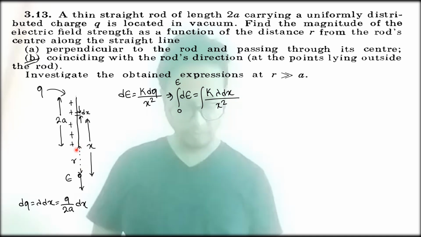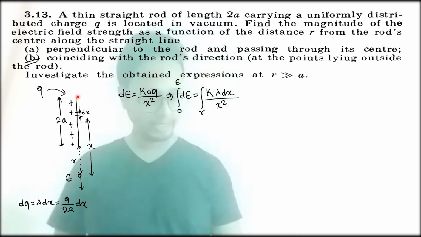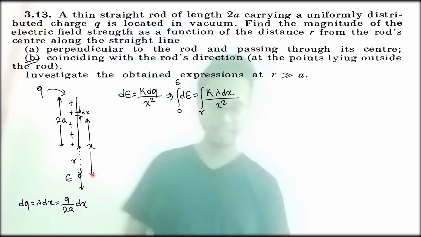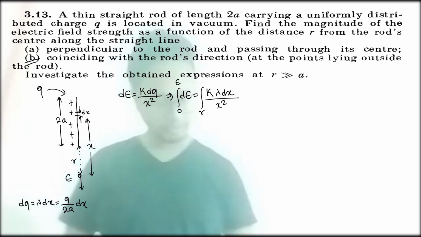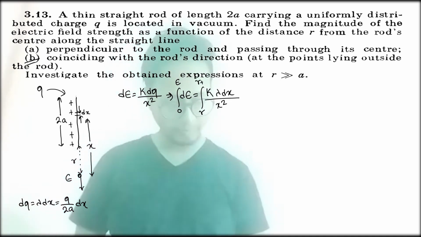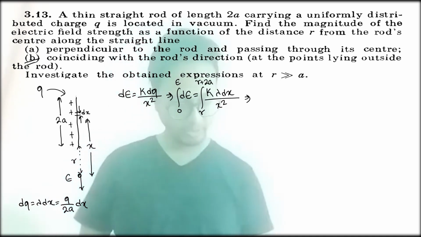So the value of x as the starting point is nothing but r. So the lower limit of integration is r. The upper limit of integration is nothing but x equals r plus 2a.